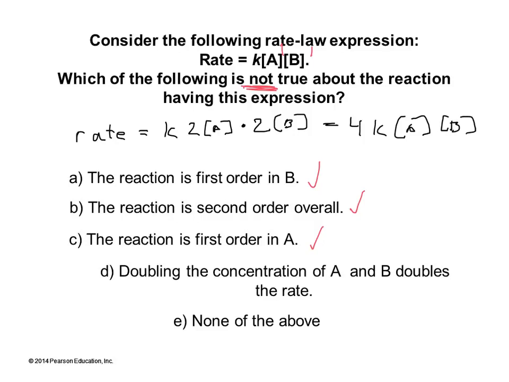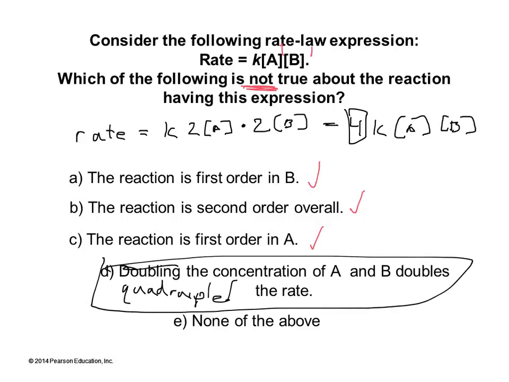So did my rate increase by 2? No, it increased by 4. So it quadrupled. And I can't spell quadrupled. So that one is not true. Which, actually, if you think about it, that makes none of the above not true as well.